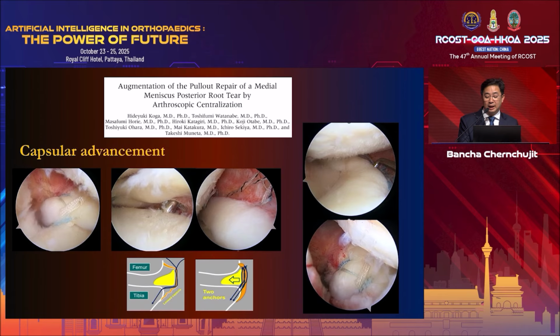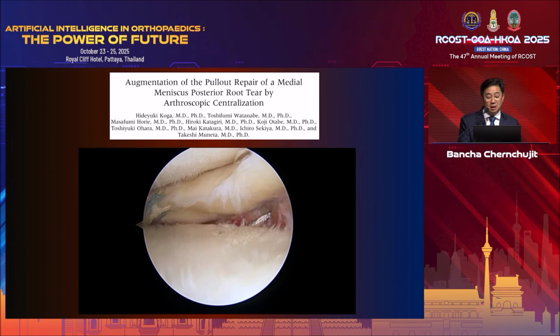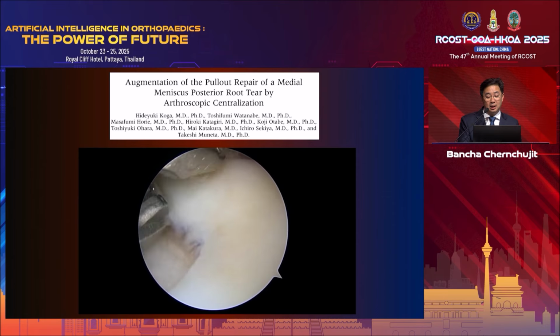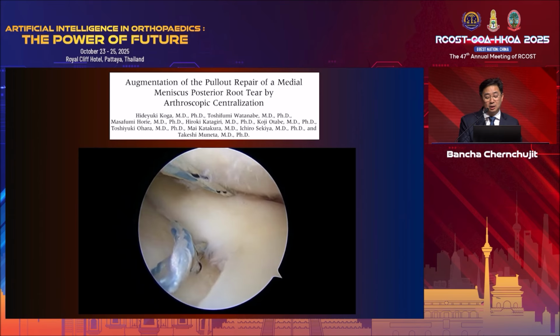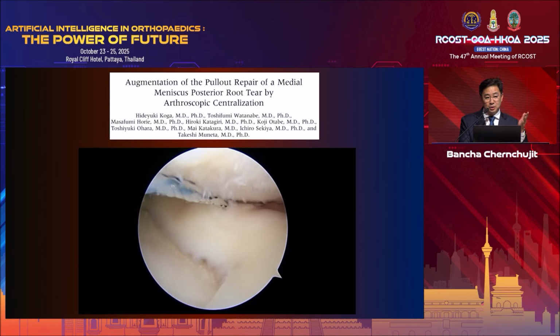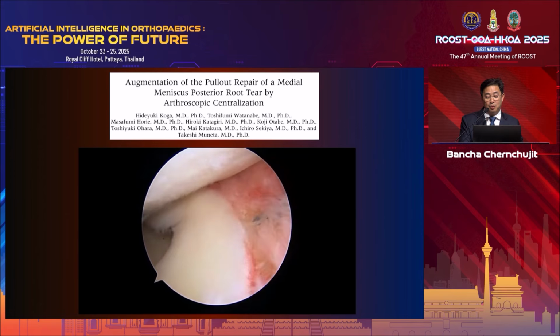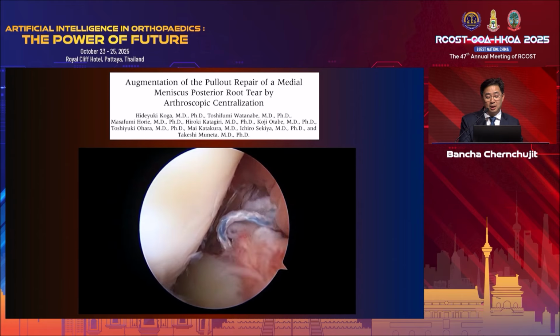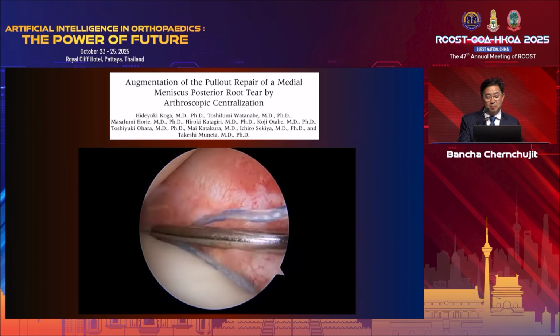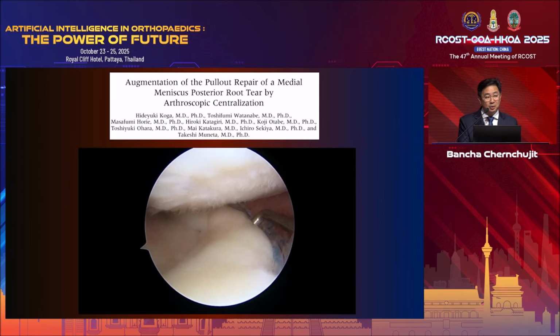So with the Koga technique, he does the capsular advancement as an adjunct to the meniscus root repair, okay? This is his technique. He puts the tunnel posterior to the MCL, puts in the anchor, and then wraps around to centralize the meniscus extrusion. But anyway, the outcome is still not reliable. We're waiting for the outcome.